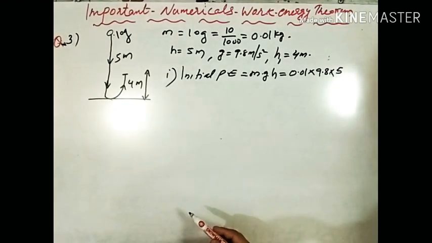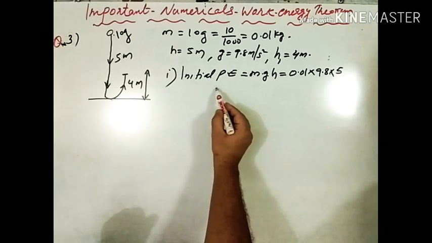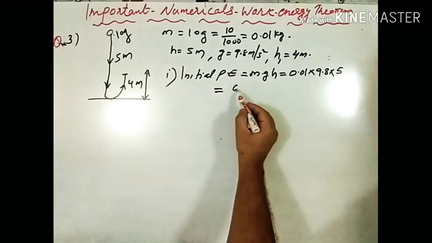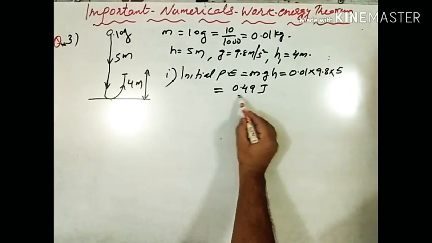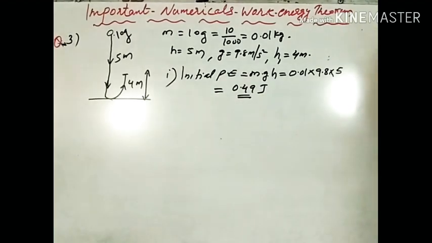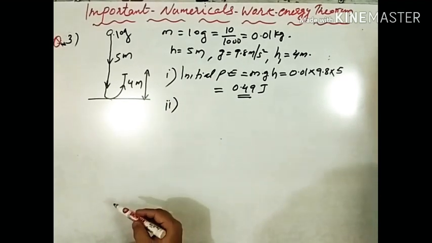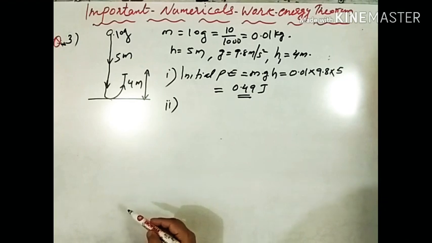Solve it very carefully, and I can write initial potential energy as 0.49 joule.